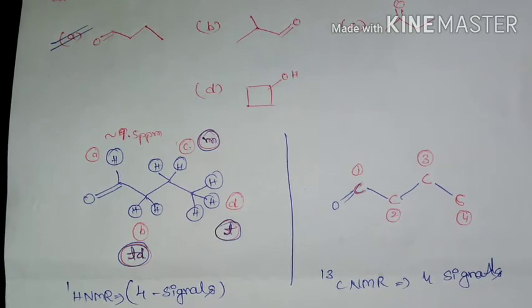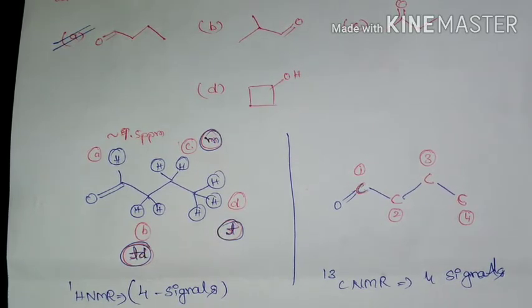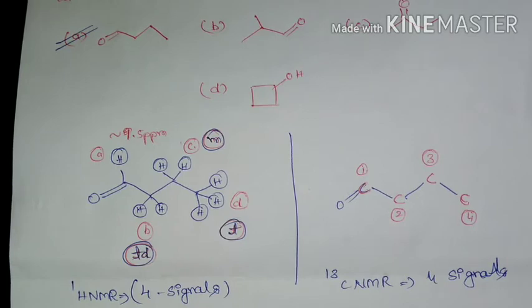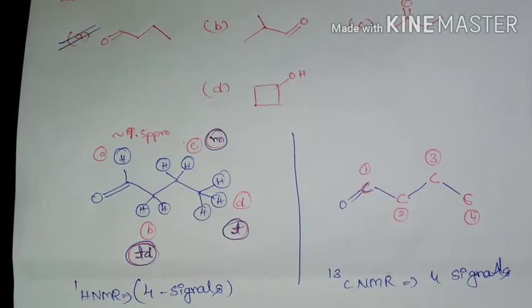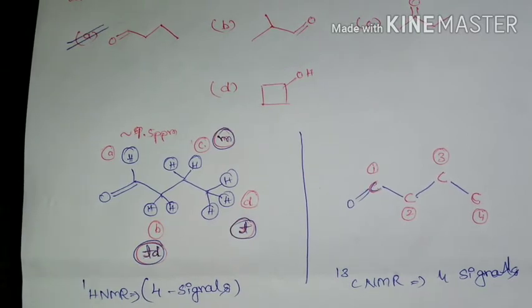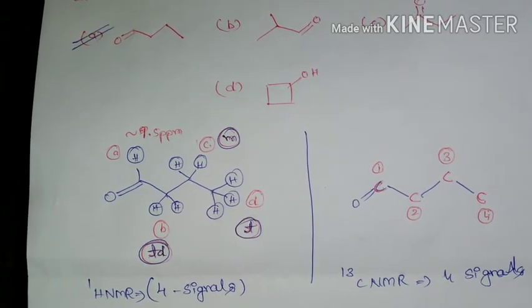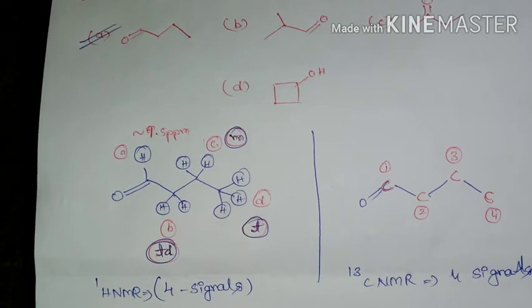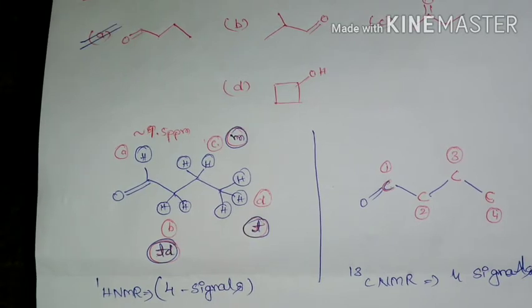And aldehydic proton will resonate at 9.5 ppm. And if you come to the 13C NMR, here also you are going to get 4 signals, 1 carbon from carbonyl group, 2 carbons from methylene group and 1 carbon from methyl. So correct option will be A, that is butyraldehyde.